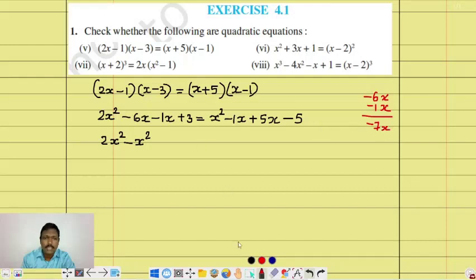But we can do one thing: this one we can add first, after that transpose.